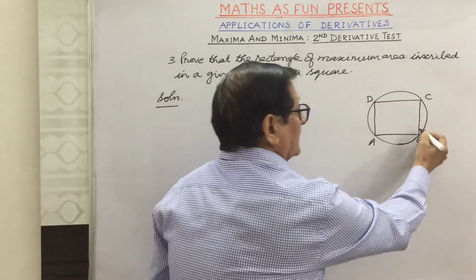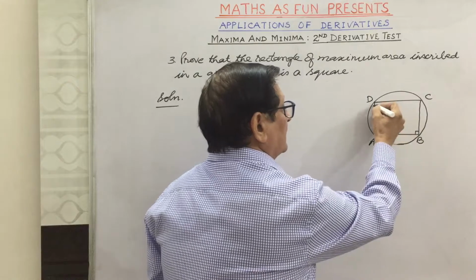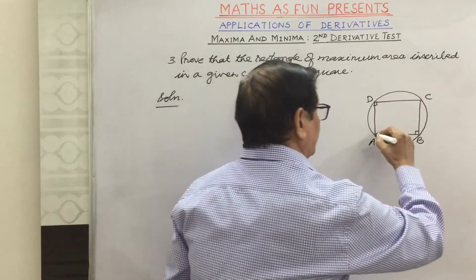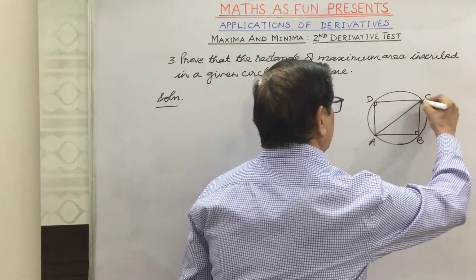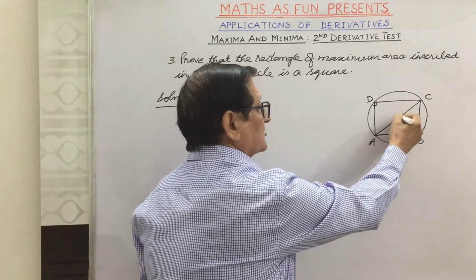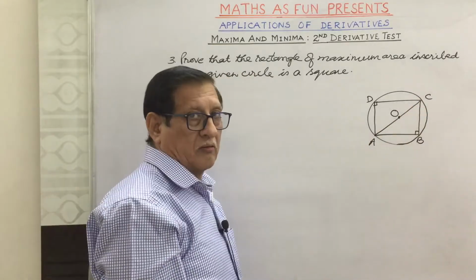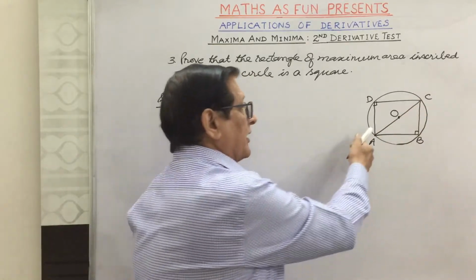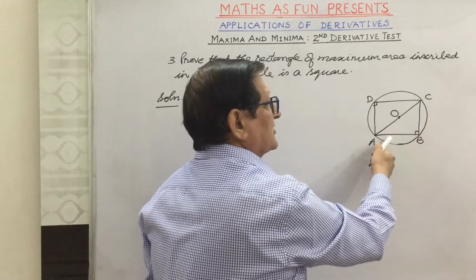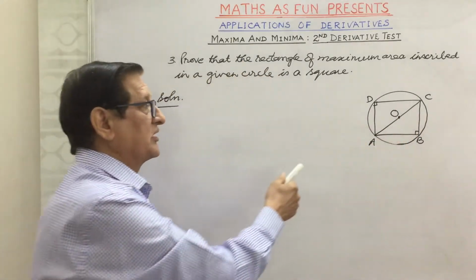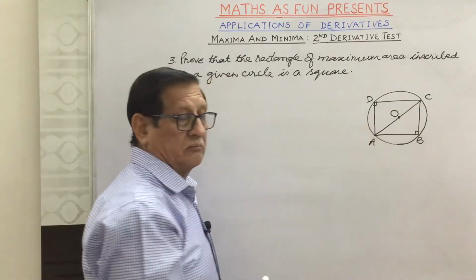Now we know that all the angles of the rectangle are 90 degrees. It means if we join A to C, we will find this will pass through the center. It means this will be the diameter, because a right angle is formed in a semicircle. So this AC will be the diameter, which is the diagonal of the rectangle.